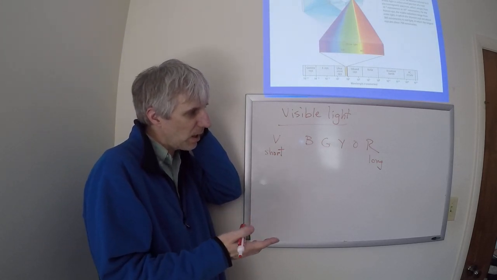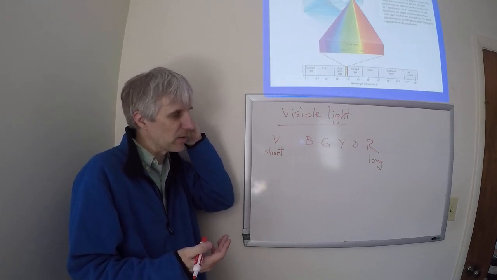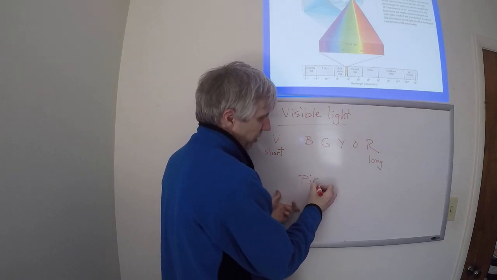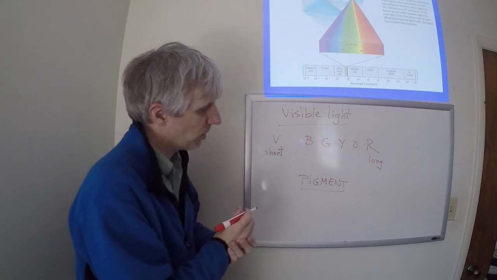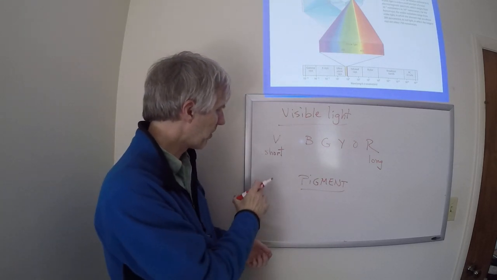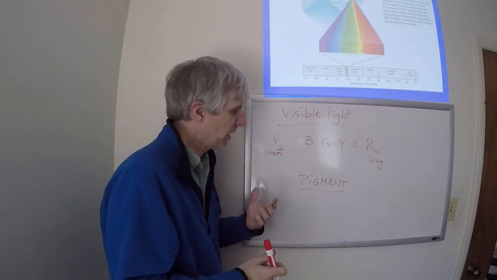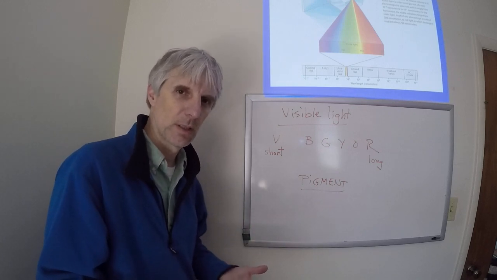As we start talking about light, let me introduce a few terms in here that are going to be important for us. The first term here is pigment. So a pigment is any molecule that interacts with light, and that interaction is in the form of absorption.